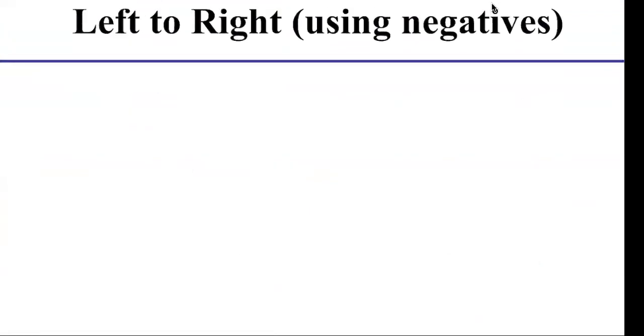Okay, I showed this. So let's do 2,463. Let's subtract 1,582. And I'm going left to right. I'm going to do 2,000 subtract 1,000 is 1,000.